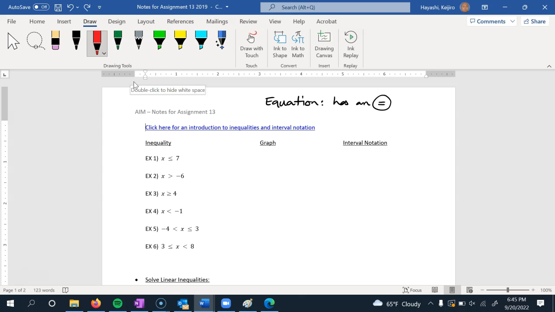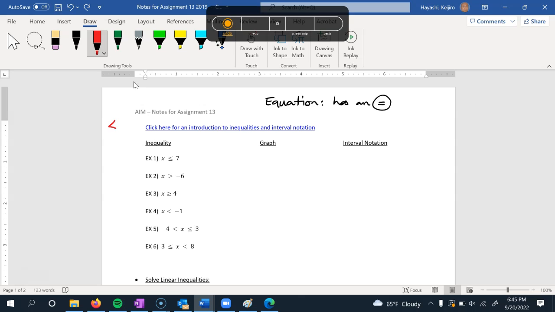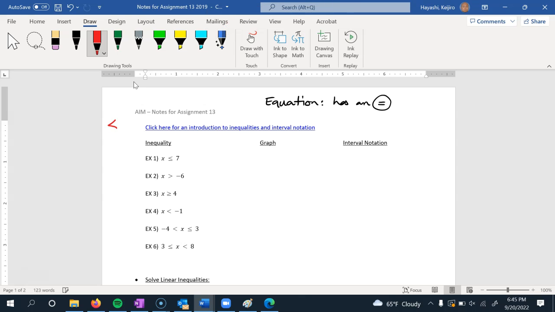So, let's see. This symbol means less than. And it specifically means that what's on the left of it is less than whatever ends up being on the right of it.